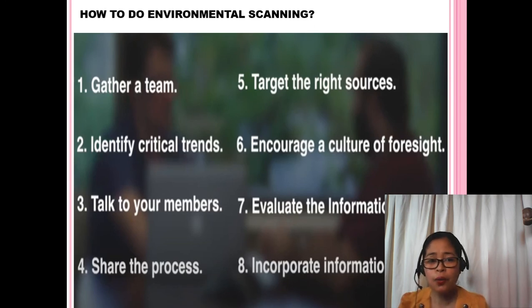Now, how are you going to do the environmental scanning? I have here the eight processes. This could vary according to the business you are in, or according to how you do your environmental scanning. First, you gather a team that would focus on environmental scanning.